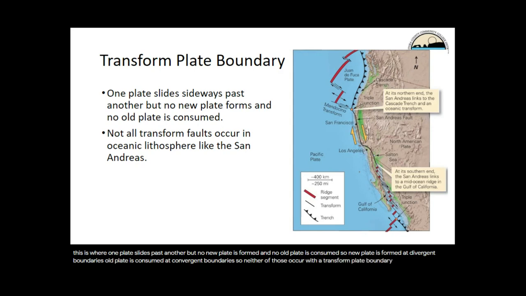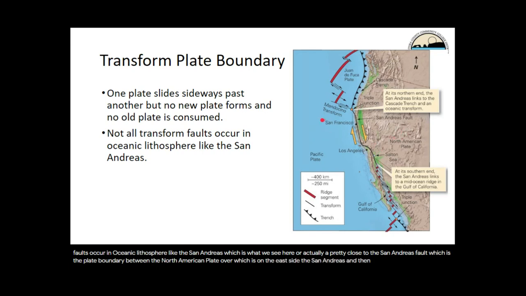Not all transform faults occur in oceanic lithosphere, like the San Andreas, which is what we see here. We're actually pretty close to the San Andreas fault, which is the plate boundary between the North American plate, on the east side of the San Andreas, and the Pacific plate on the west side.